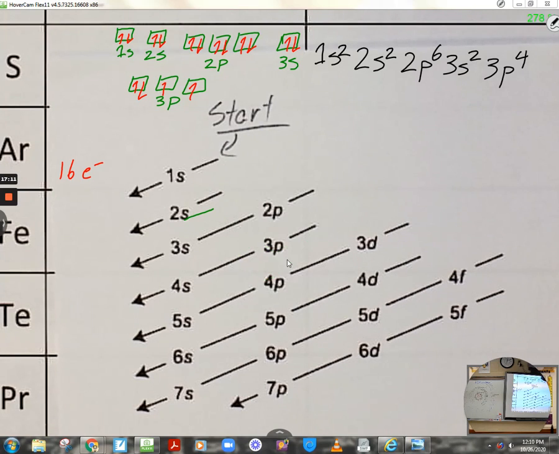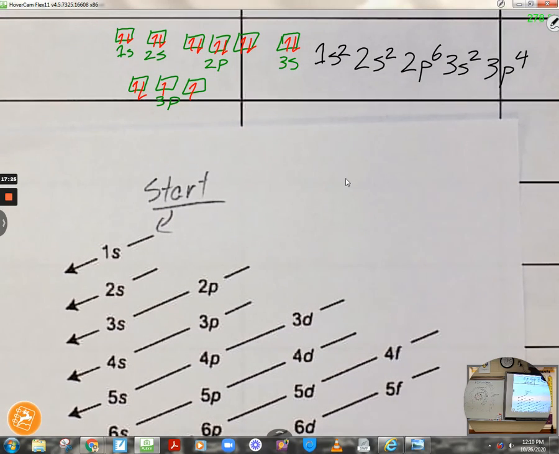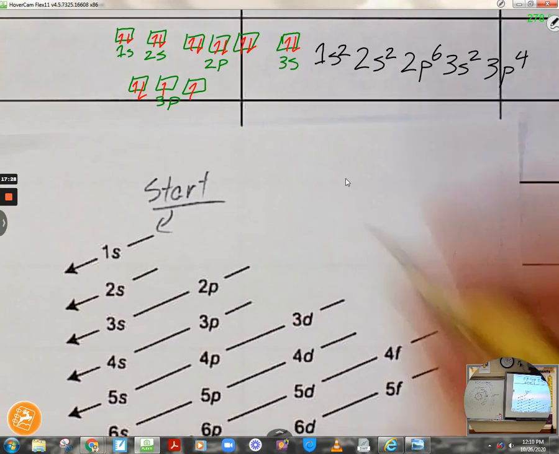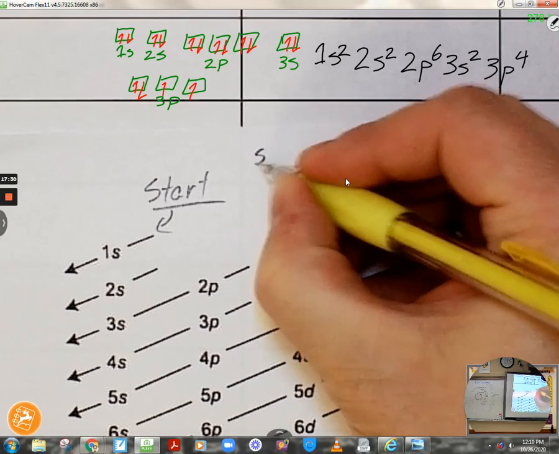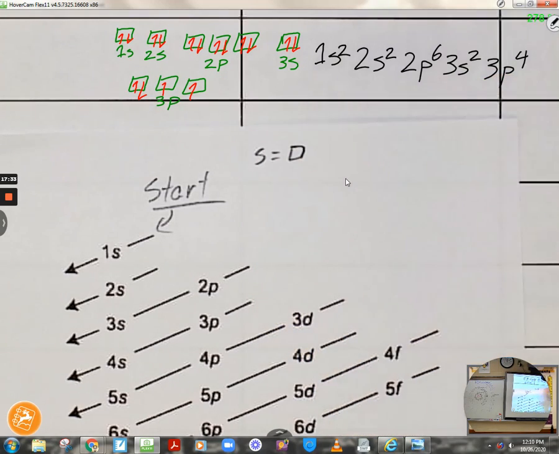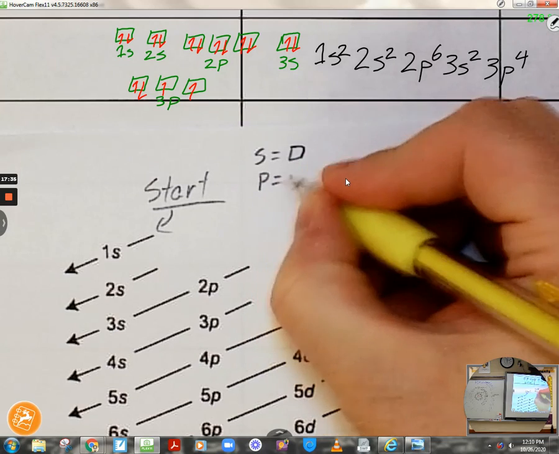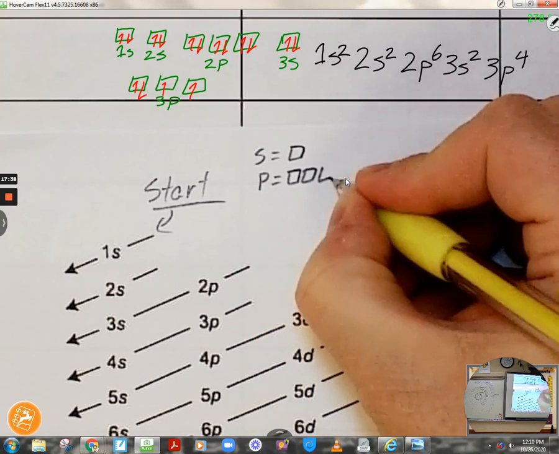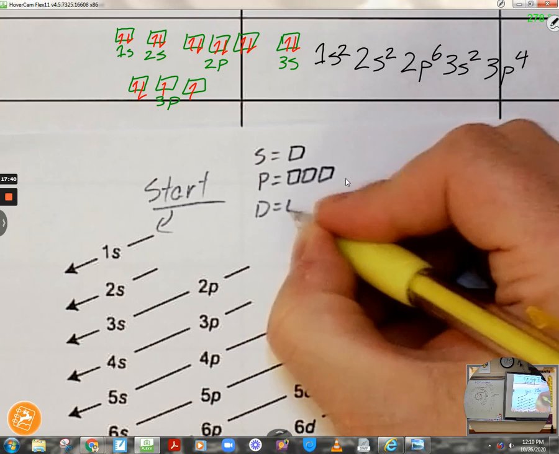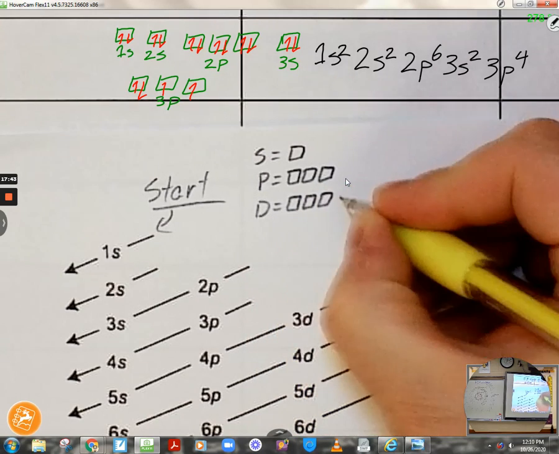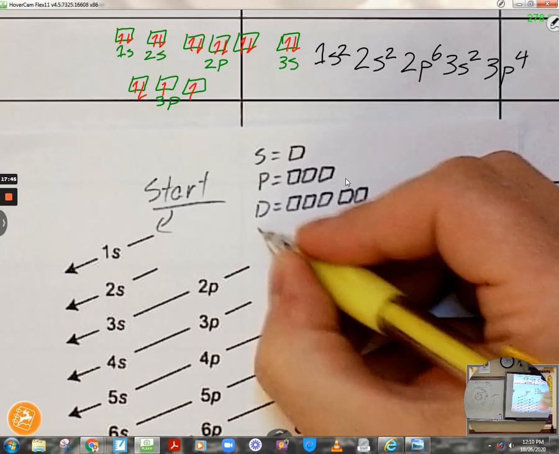It's taking forever. You might, either up in the corner where you've got space to do it, go ahead and make yourself a little note saying that an S has 1, a P has 3, a D has 5, and an F has 7.